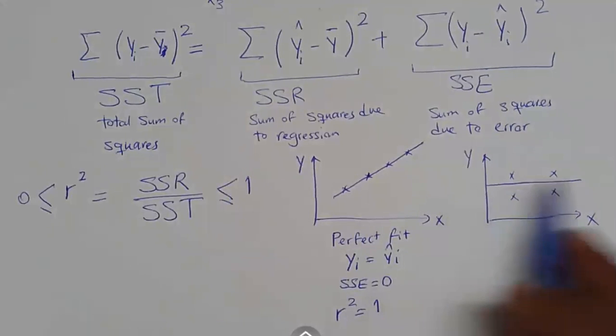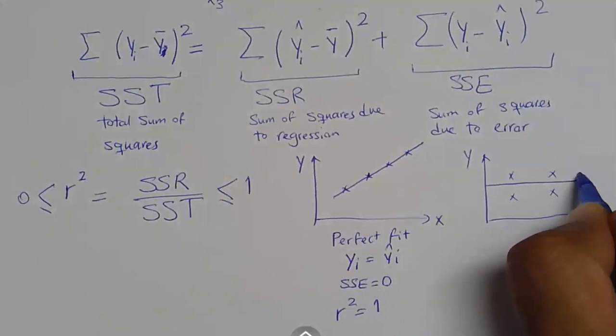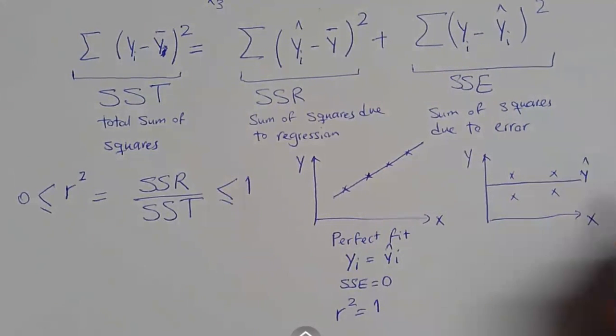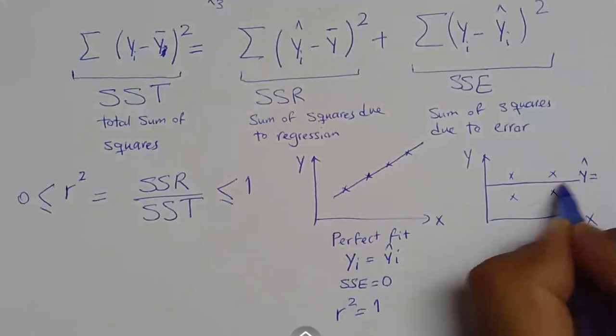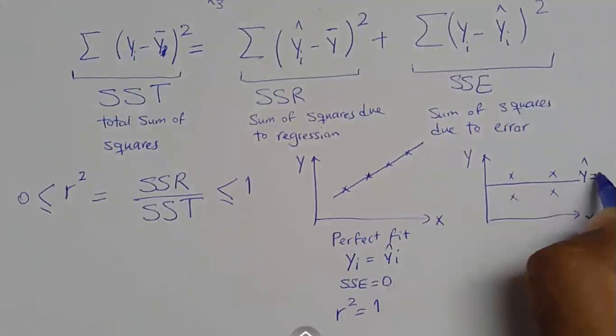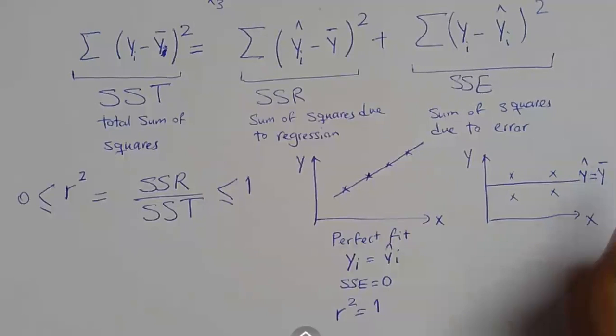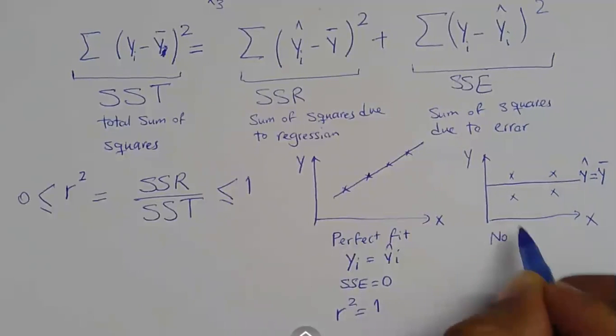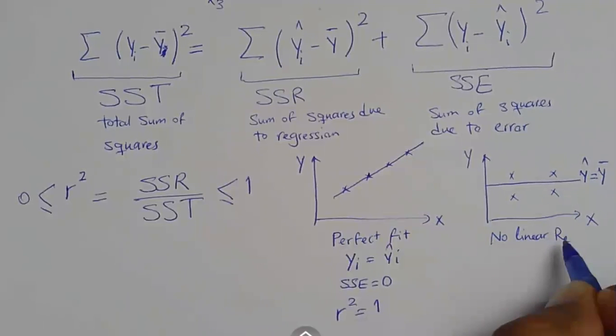This is Y hat. So Y hat in this example is exactly equal to Y bar, the average value of Y. So there is no linear relationship.